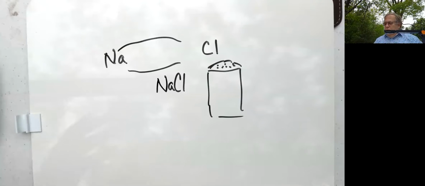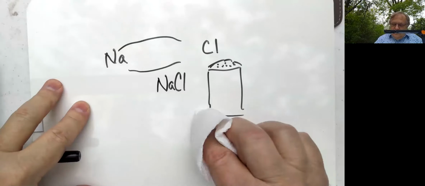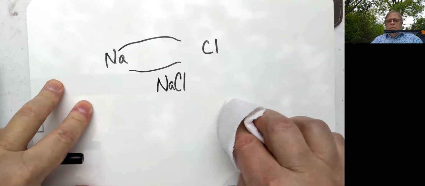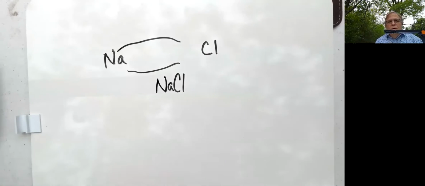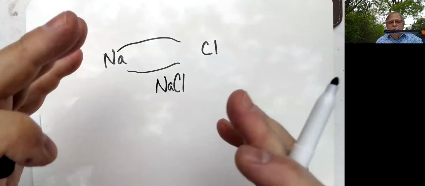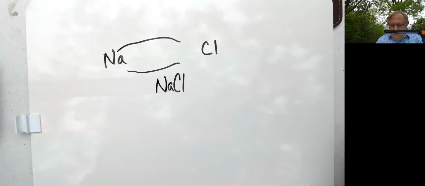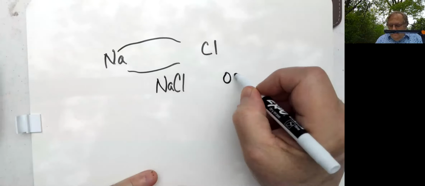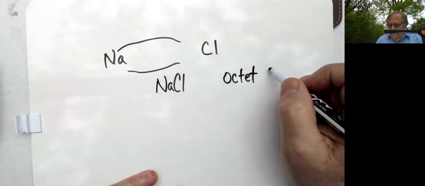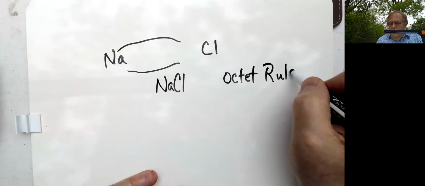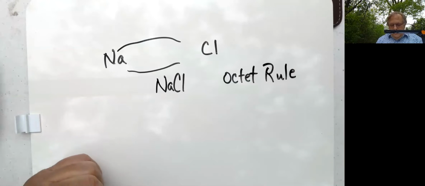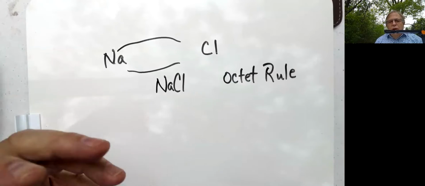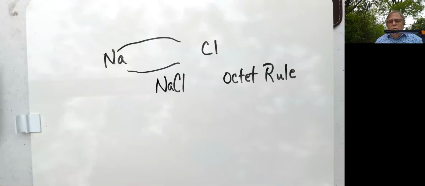So what happens between these two? Well, do you remember the rule that all atoms are trying to obey, the octet rule? The octet rule says that atoms are trying to get 8 electrons in their outer shell. And you can't put more than 8 in the outer shell.